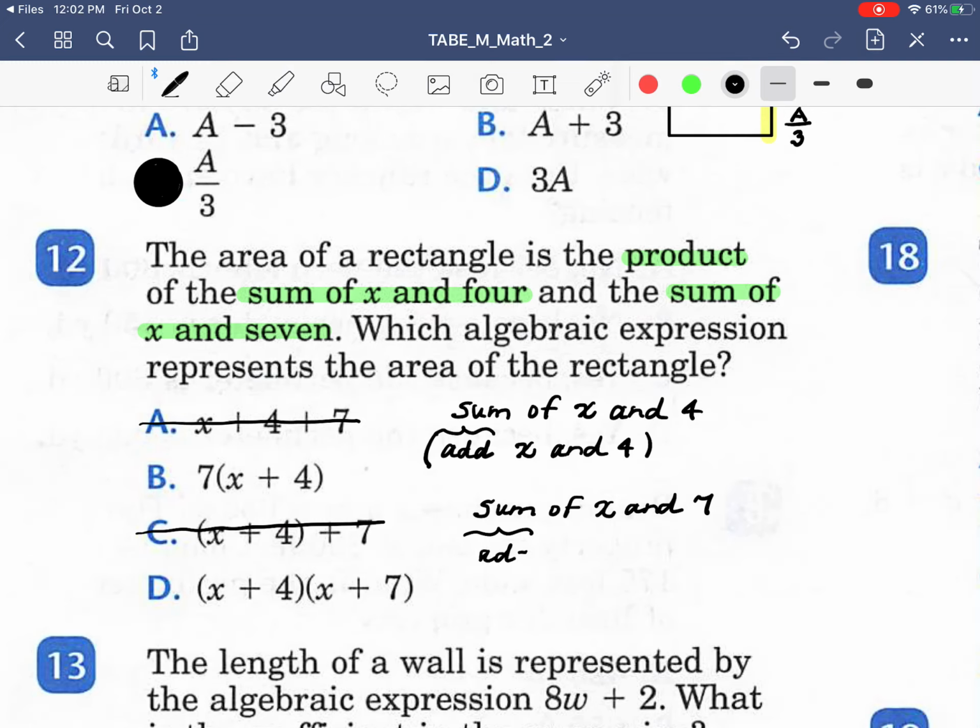So I have x plus 4, x plus 7, and then we need to multiply those two, and that is option D. You must know your keywords. You have to know that sum is addition, or this problem is very, very hard to do.